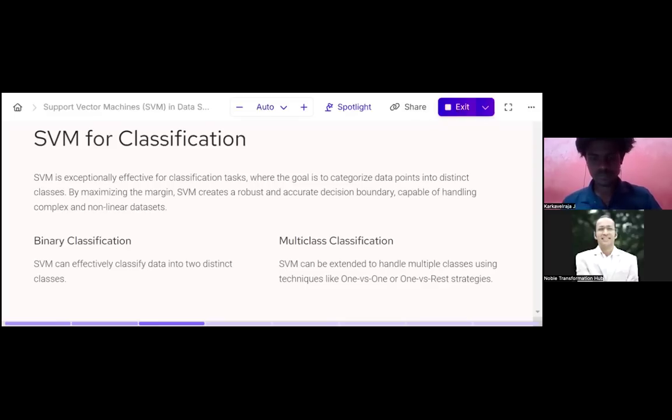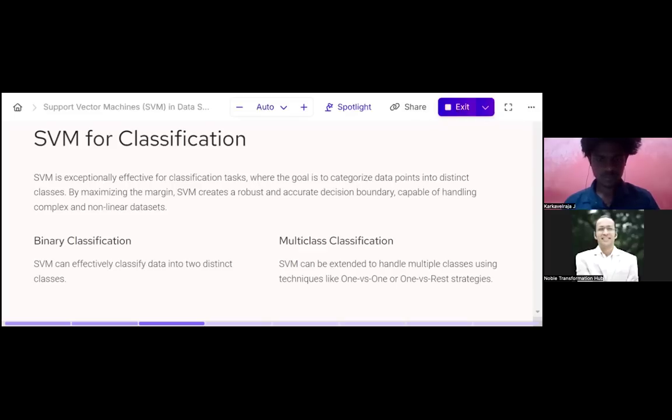So when we talk about SVM for classification, in binary classification, SVM can effectively classify data into two distinct classes. When it does two, that's binary, but when it does more than two, that is multi-class classification.